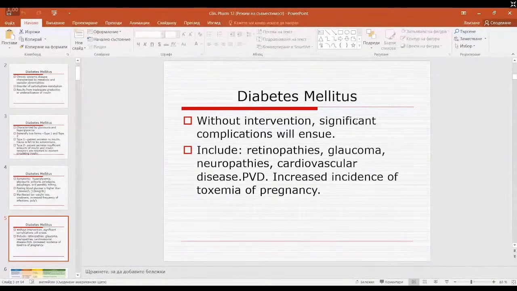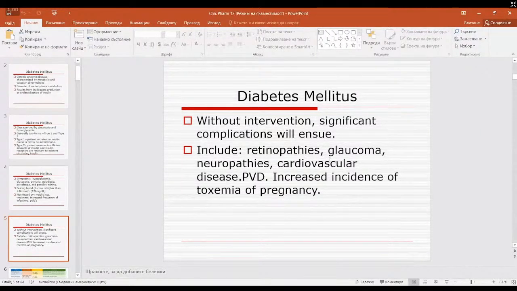Vascular complications lead to retinopathies, because the retina is supplied by small blood vessels. Glaucoma, also neuropathies. There is a special type of neuropathy called diabetic neuropathy that usually involves the lower extremities. Cardiovascular disease is very common in these patients.